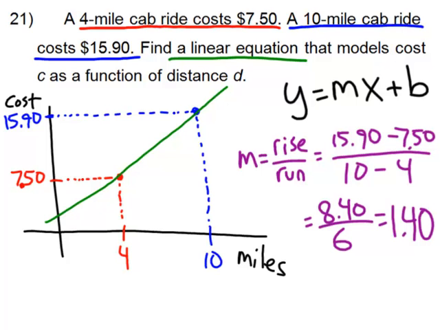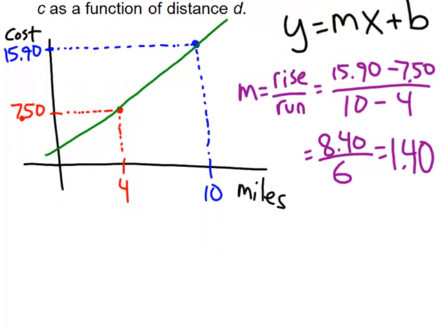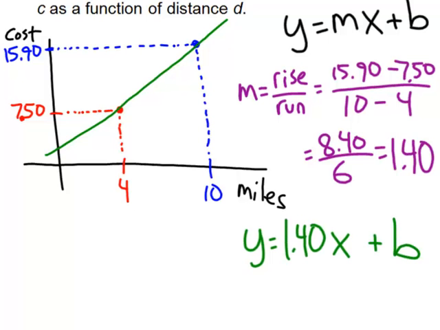So let's plug that into our y equals mx plus b equation. We've just solved for m, so we've now got y equals 1.40x plus b. Now, in order to find out what b is, I've got to plug in either one of these points.